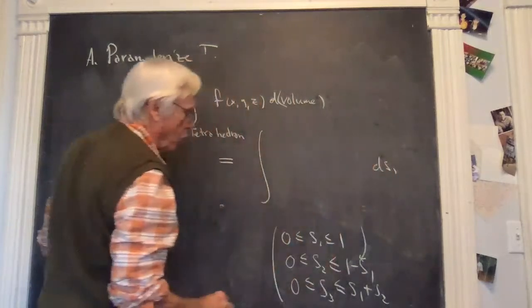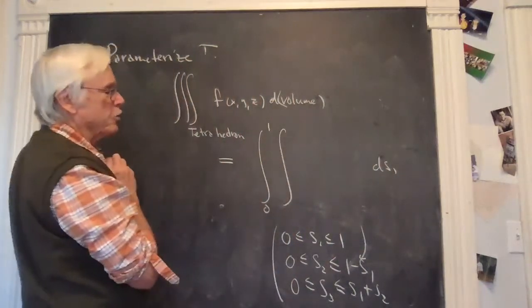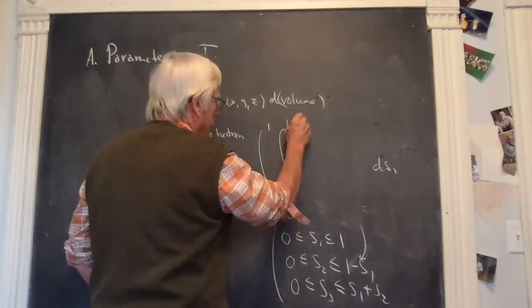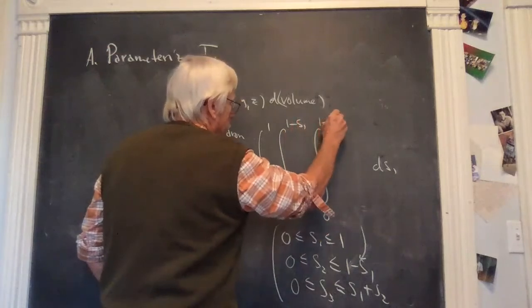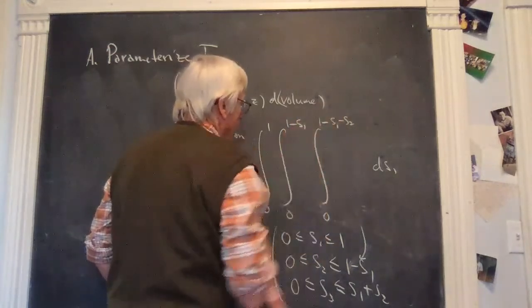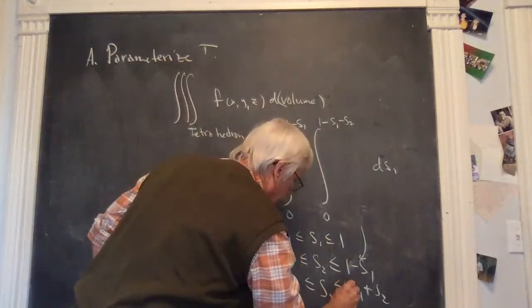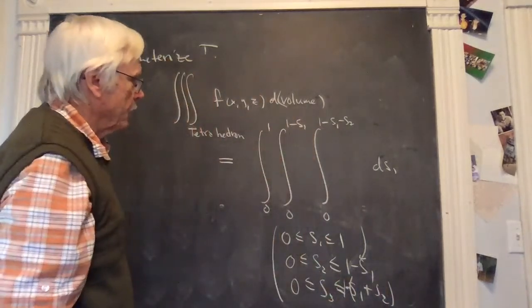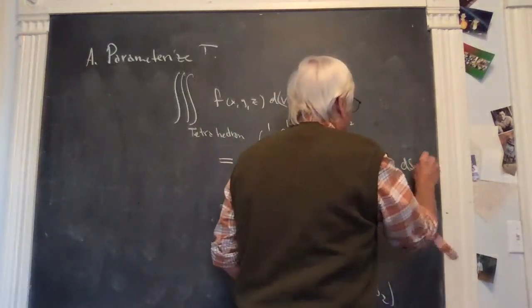There'll be a ds1 here, and s1 will go between 0 and 1. I'm writing this as an iterated integral now. S2 will go between 0 and 1 minus S1, and S3 will go between 0 and 1 minus S1 minus S2. And this will be ds1, ds2, ds3.